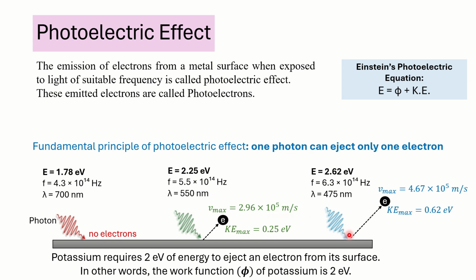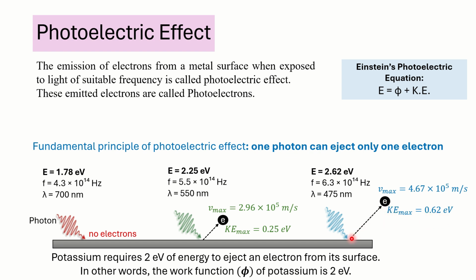Let's take another photon. This is the blue photon, which has an energy of around 2.62 electron volts. What is the work function of this metal? It is 2. So again this photon has a little more than the work function. 2 electron volts of energy is used to eject an electron, and the remaining 0.62 will stay with the photoelectron in the form of kinetic energy.